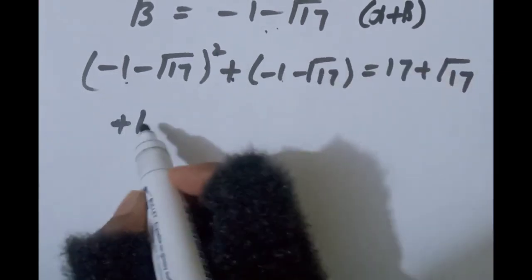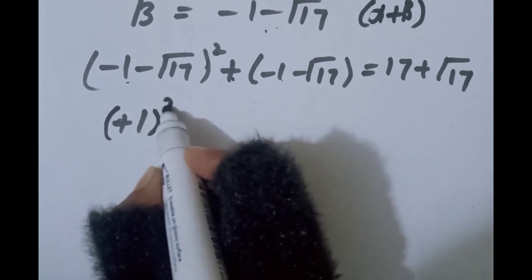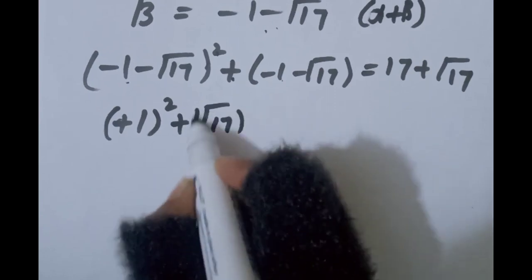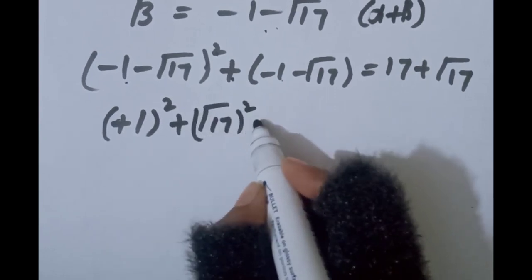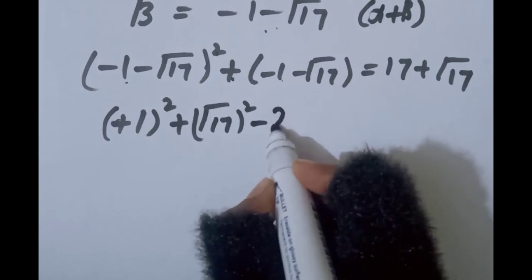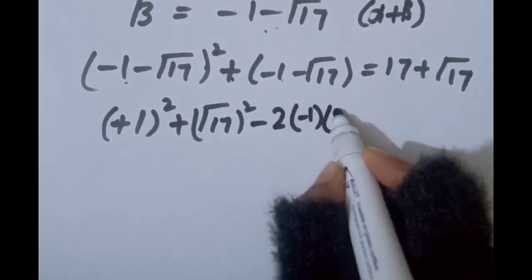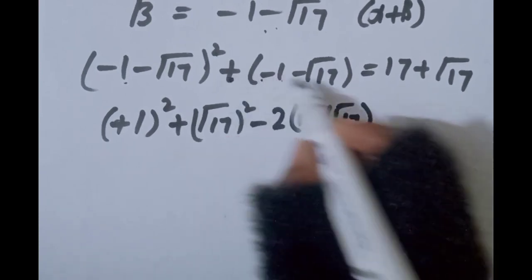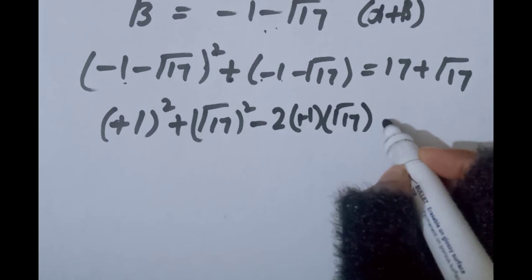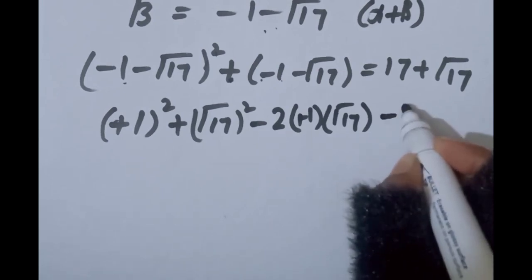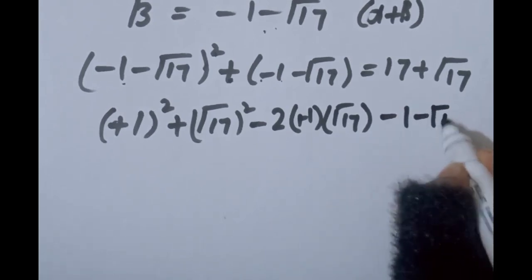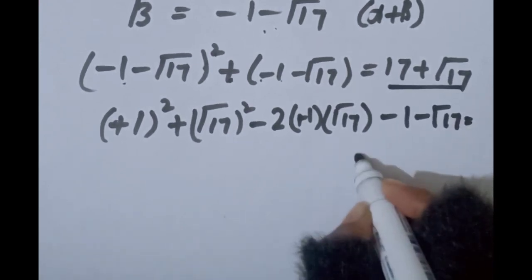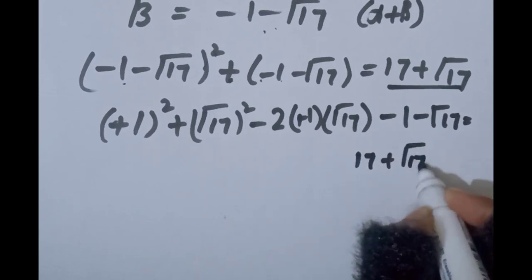So alpha is 1, then this will become 1 square plus square root of 17 square minus 2 times 1 times square root of 17, and we multiply this, then we get minus 1 minus square root of 17, and the right hand side is this. We write here 17 plus square root of 17.